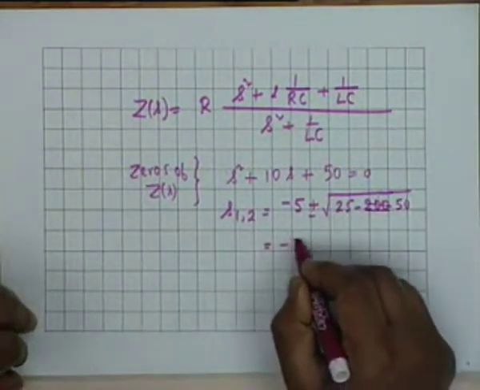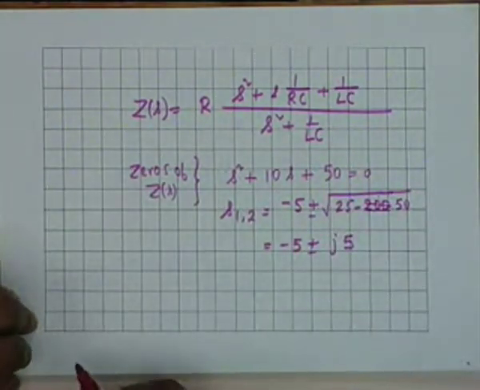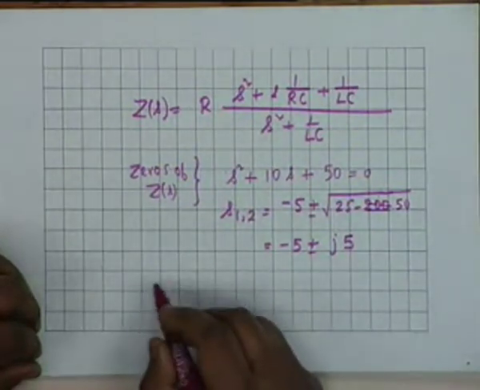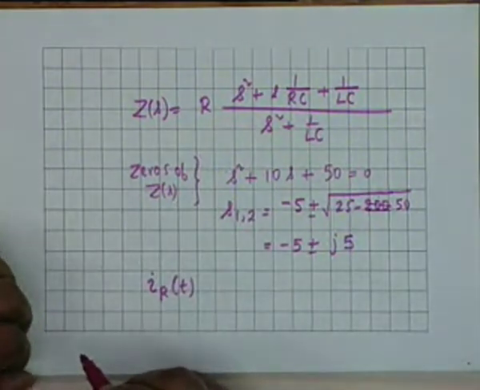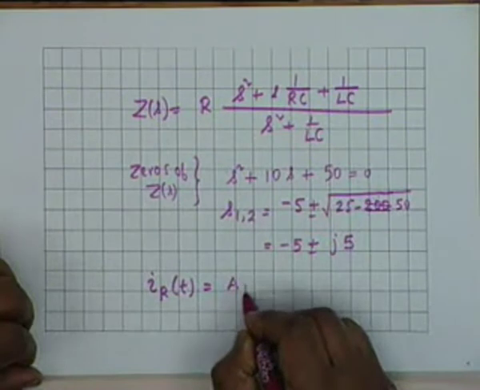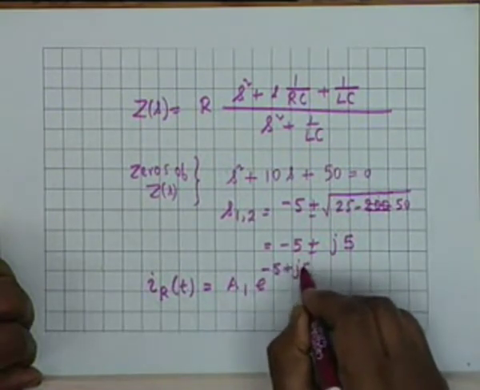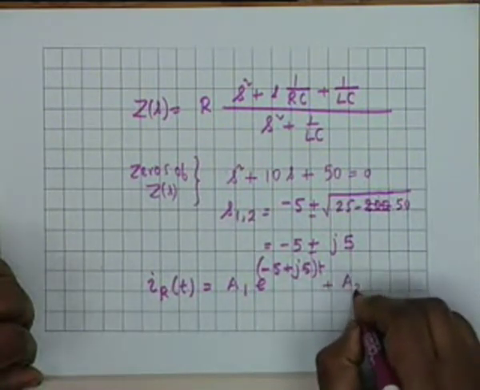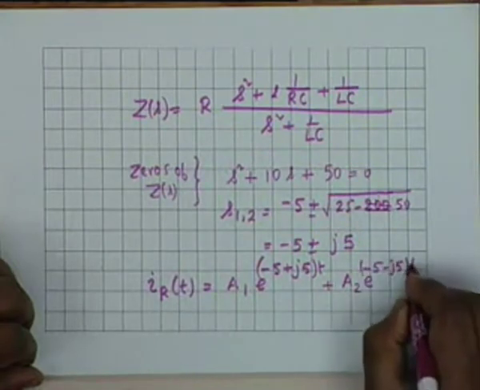So this is equal to minus 5 plus minus j5, and therefore the natural current response in the resistance would be some constant A1 e to the power (minus 5 plus j5)t plus another constant A2 e to the power (minus 5 minus j5)t.